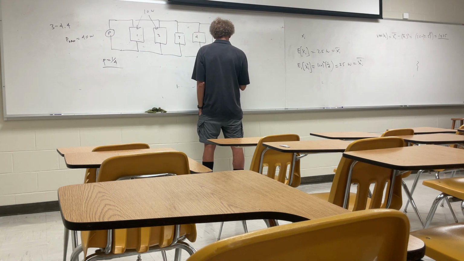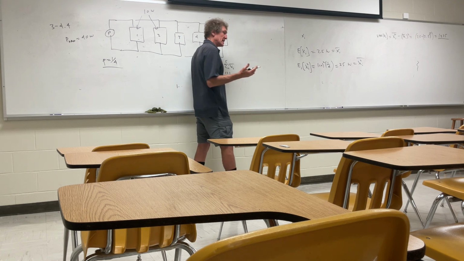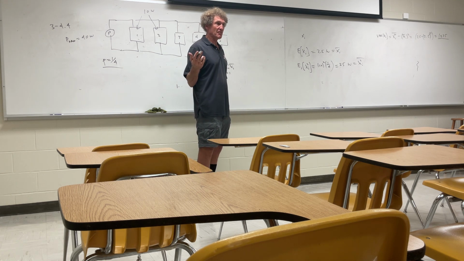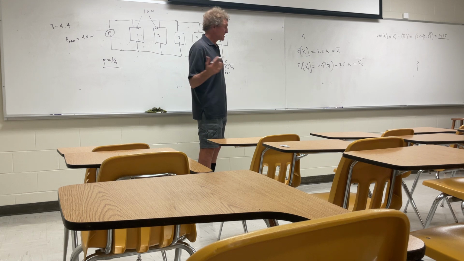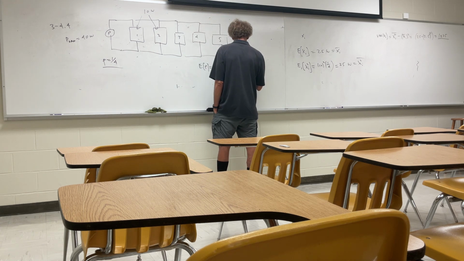It would just be equal to the summation from i equals 1 to 5 of the expected value of the power to each one. Now they're all the same. You all follow me? And because of that, you can just say it's equal to 5 times 2.5.